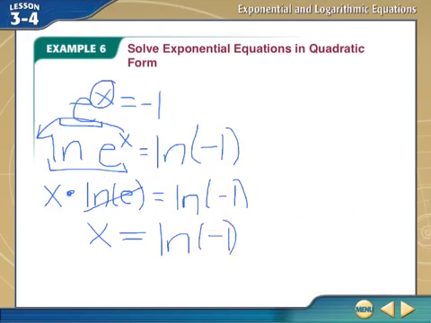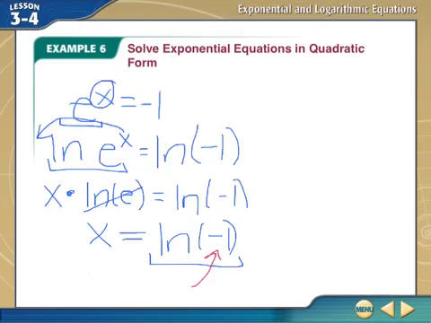Now, if you try to evaluate natural log of negative 1 on your calculator, it'll say error. That's because you have to have an input greater than 0 to evaluate a logarithm.